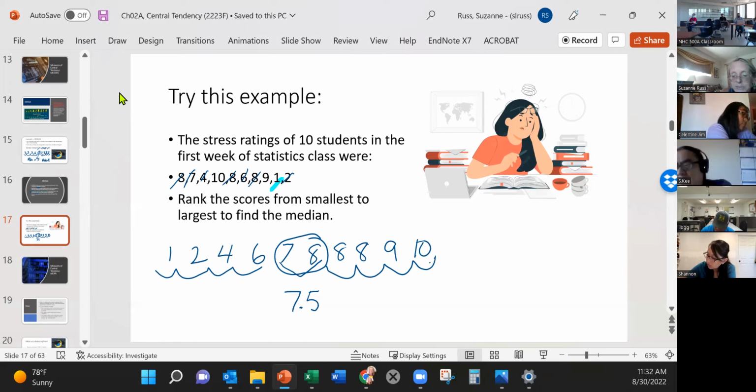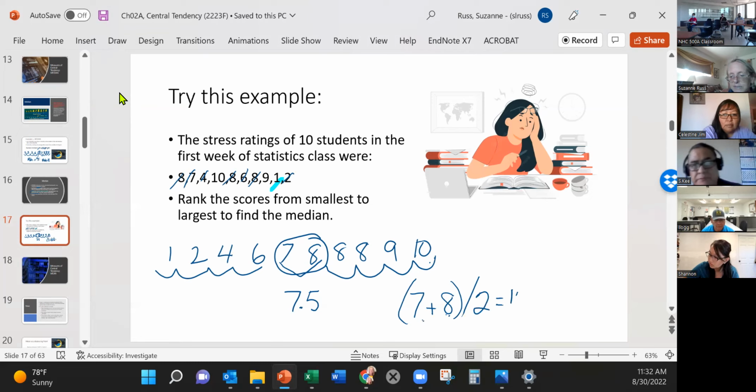But if you did want to do it mathematically, you would just add 7 plus 8 and divide by the number of numbers. There's two numbers in here. 15 divided by 2 equals 7.5. So if you couldn't just see it with your eyes, that's how you would calculate it. So in this case, the median is 7.5.